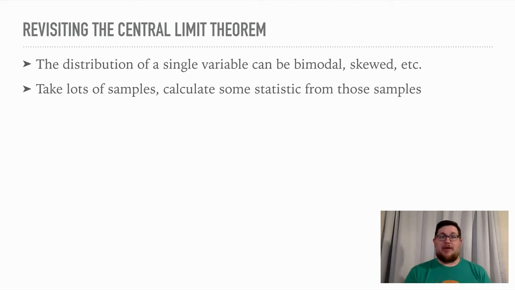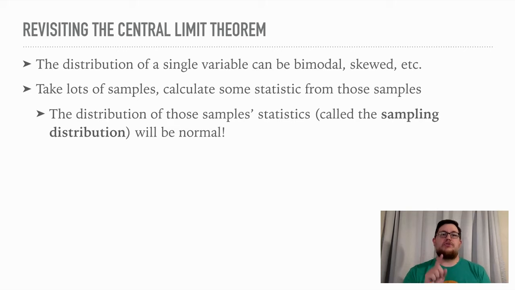Statistic is for samples, parameters are for populations. All right, so if we calculate some statistic from those samples, the distribution of that statistic from each of those samples, that's called our sampling distribution, that's going to be normal. That's the central limit theorem.